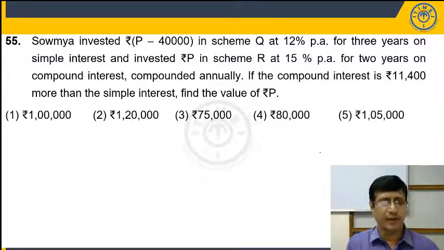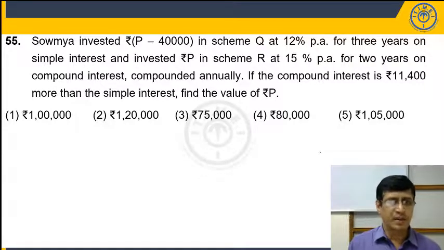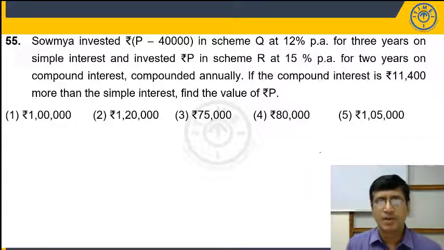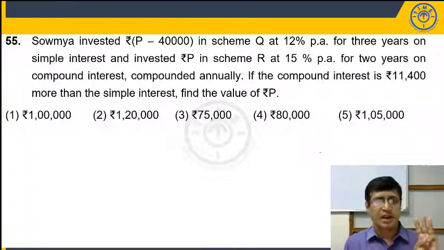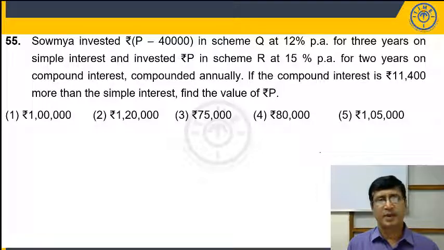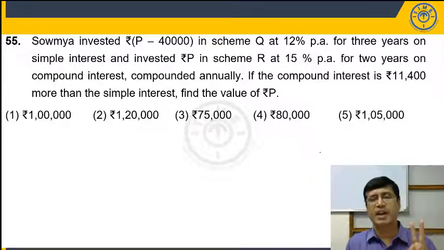Question number 55. Soumya invested rupees P minus 40,000 in scheme Q at 12% per annum for 3 years on simple interest, and invested rupees P in scheme R at 15% per annum for 2 years on compound interest, compounded annually.